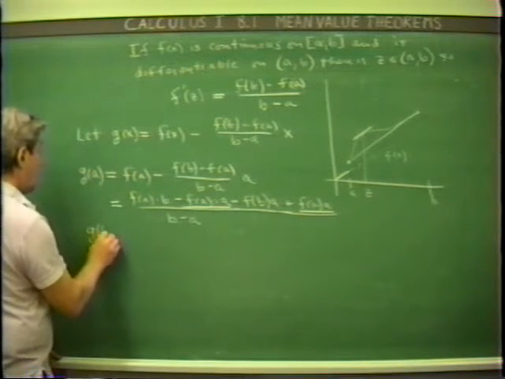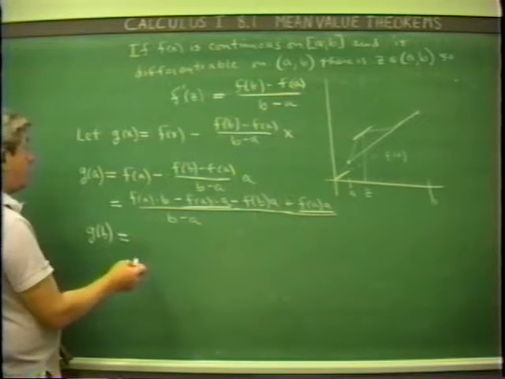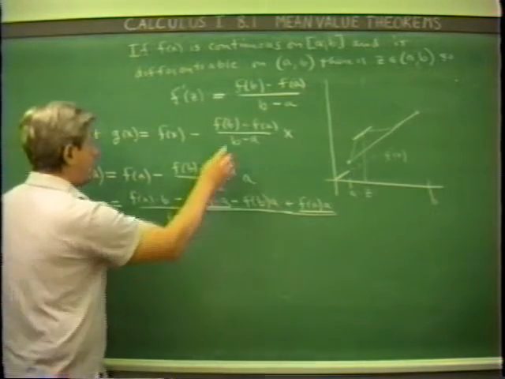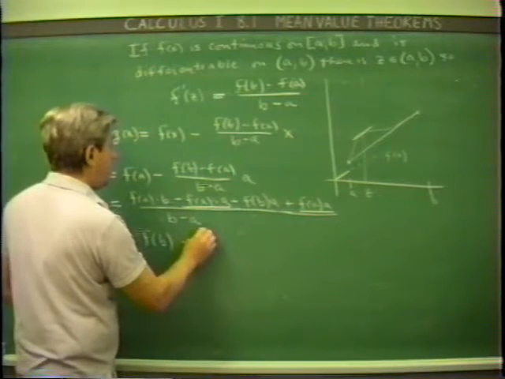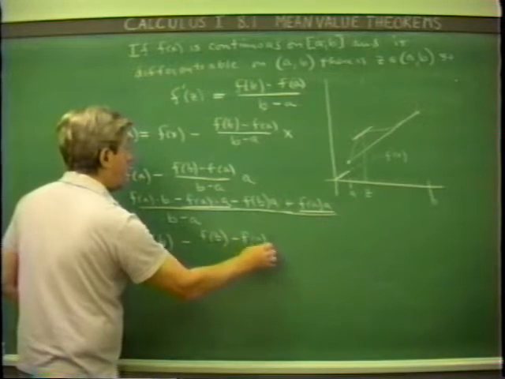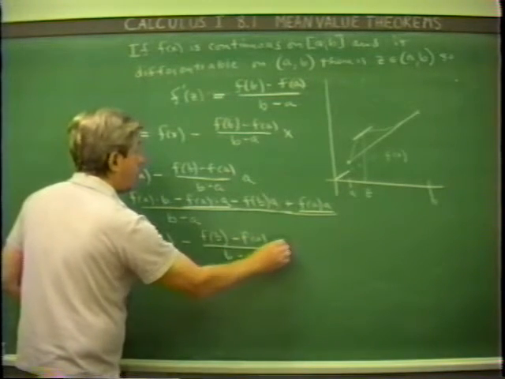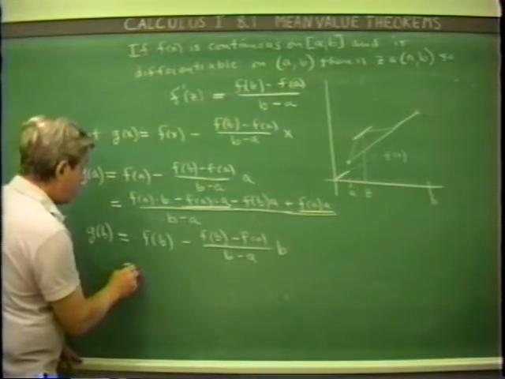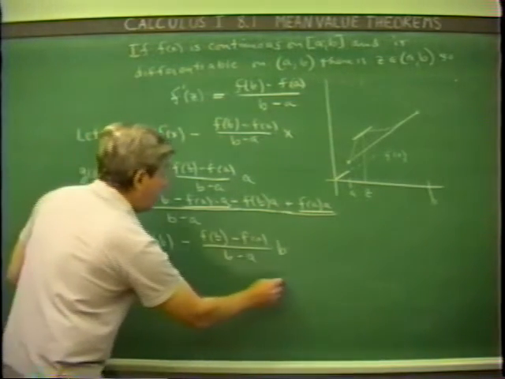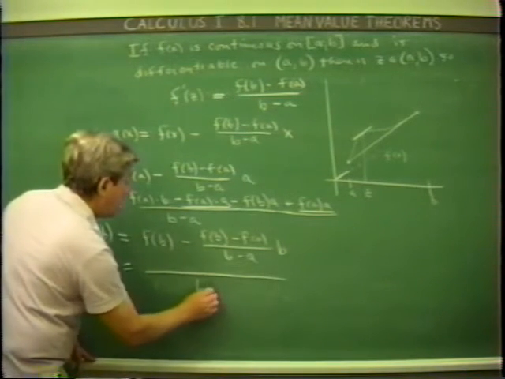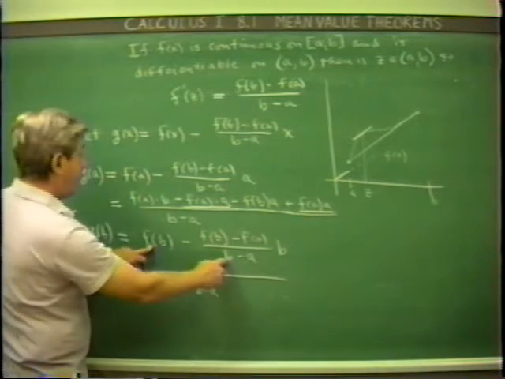How about g of B? Well, it's going to be equal to f of B minus, we just put B in for x, f of B minus f of A over B minus A times B, which is going to be equal to, bring this all over B minus A, what have we got?